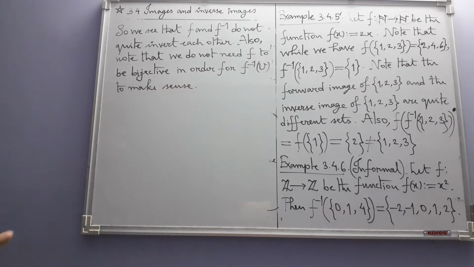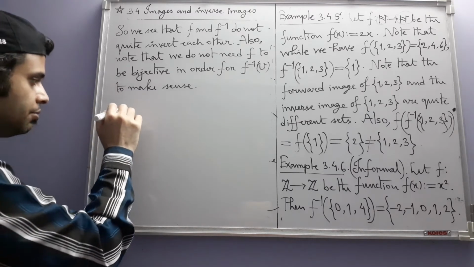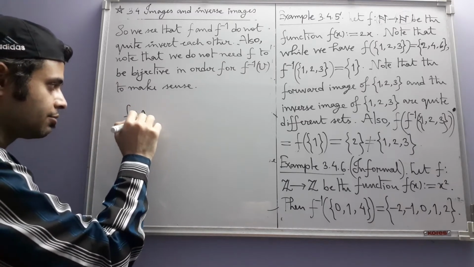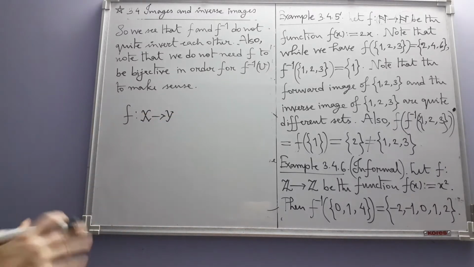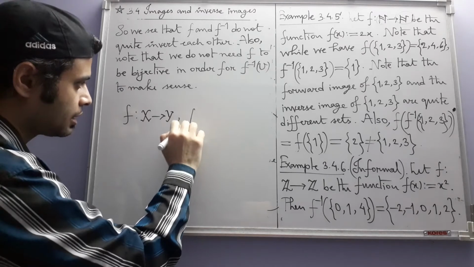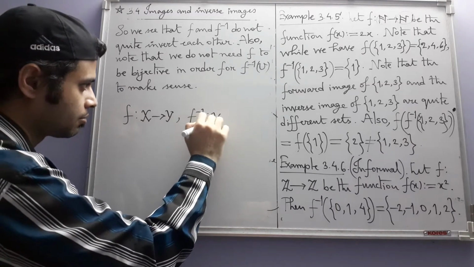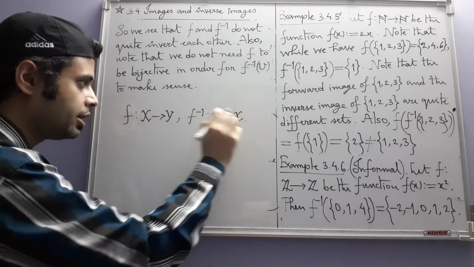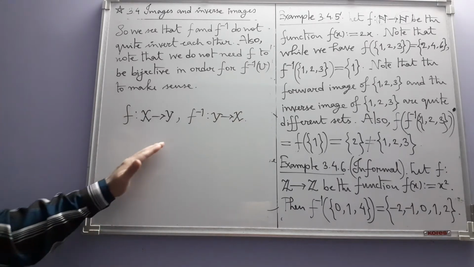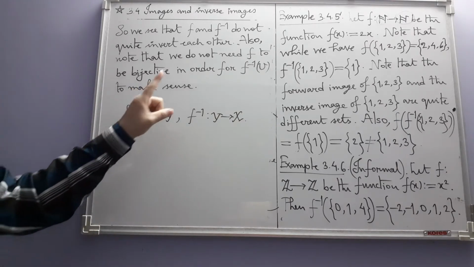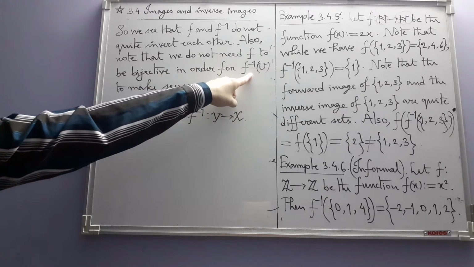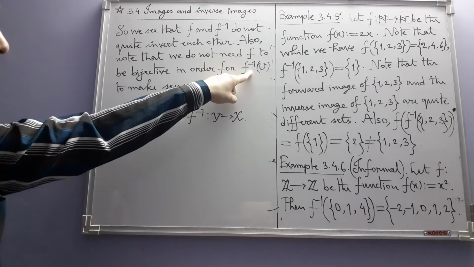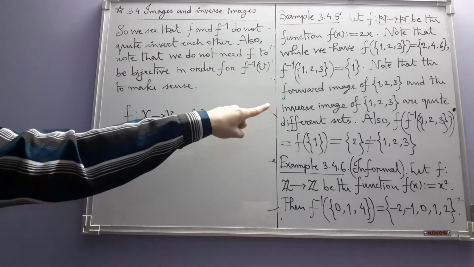If you recall the definition of an inverse function, we have already seen that whenever a function is bijective, both injective and surjective, one-to-one and onto, then it has an inverse function. And this is the only case when the function has an inverse. Looking at this notation, we should not confuse ourselves into thinking that f has to be bijective.